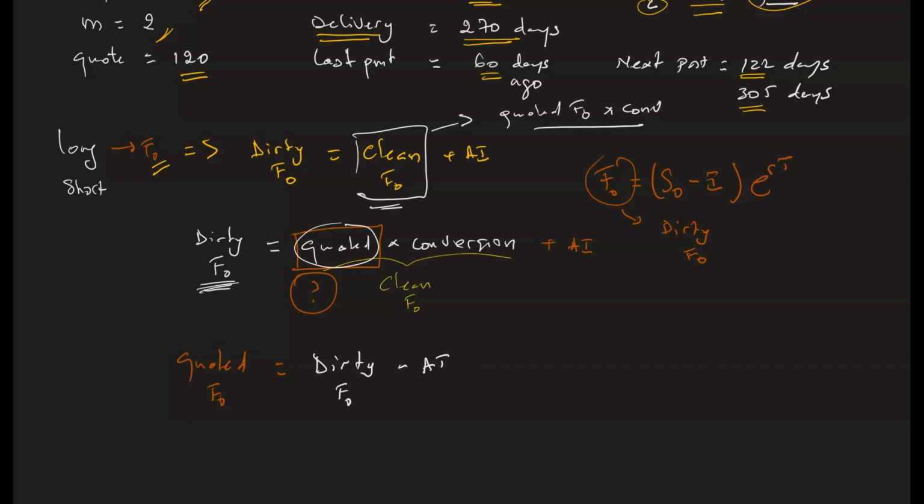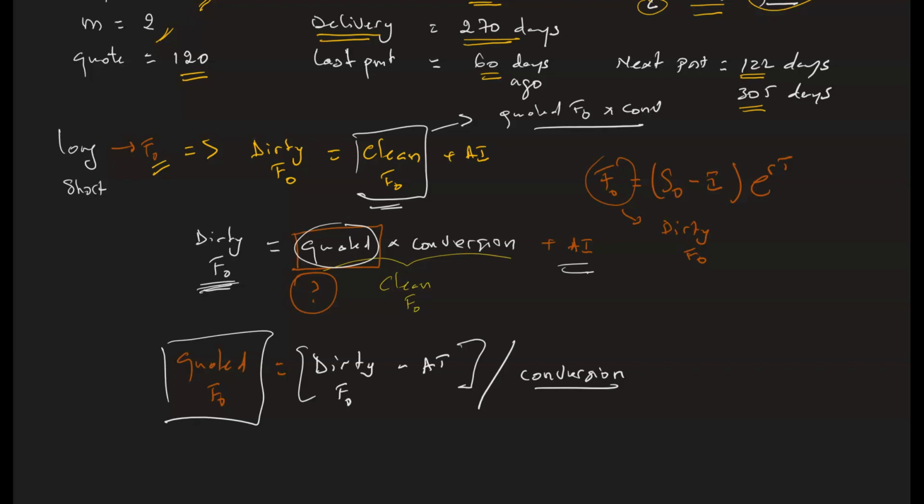So we take this minus the accrued interest, and then we divide our answer by the conversion factor. And that's how we obtain our quoted futures price.